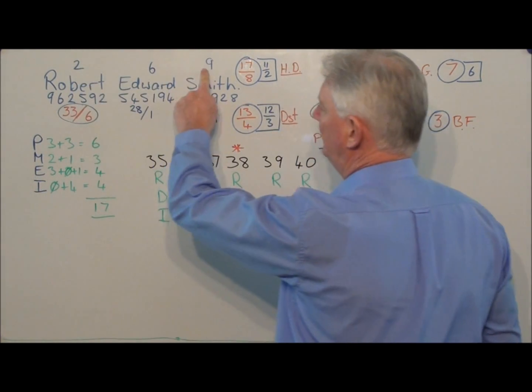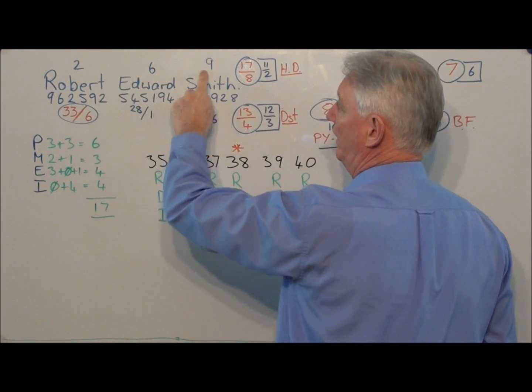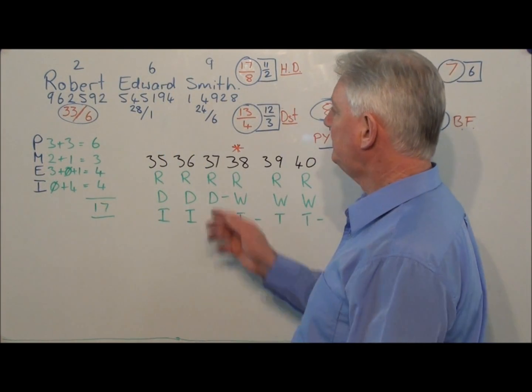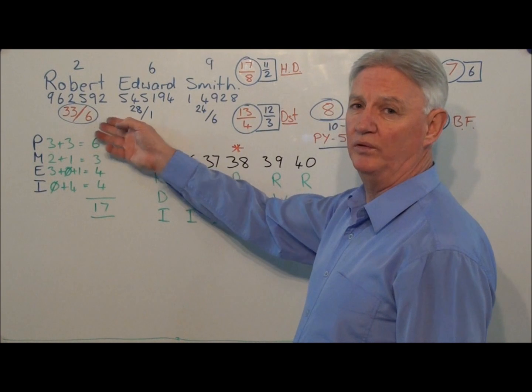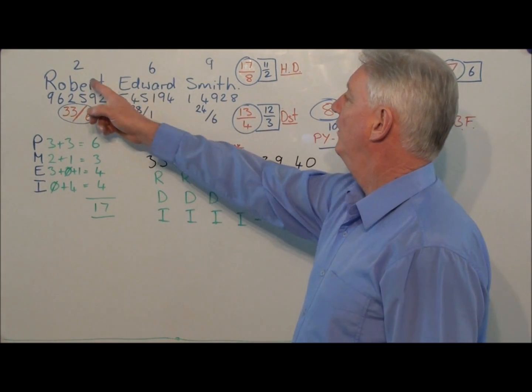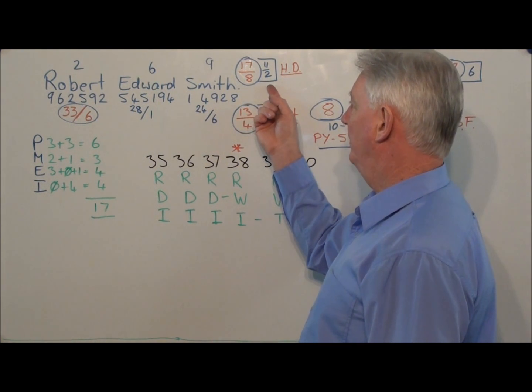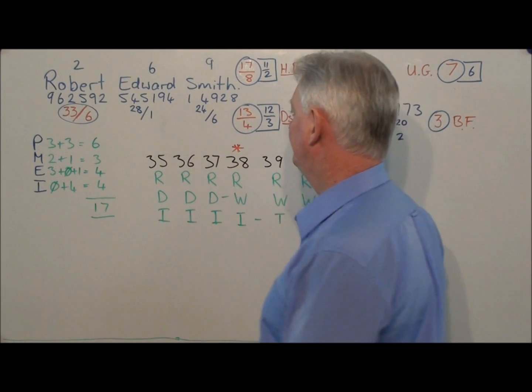So his called name heart's desire here is 11. By adding the 2 and the 9 together, we get the number 11. So we've got a first name, which is important, a destiny, the called name destiny, the vowels across the top, the heart's desire, and the called name heart's desire.